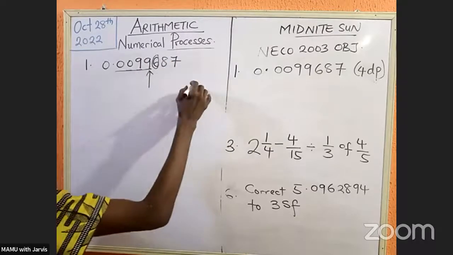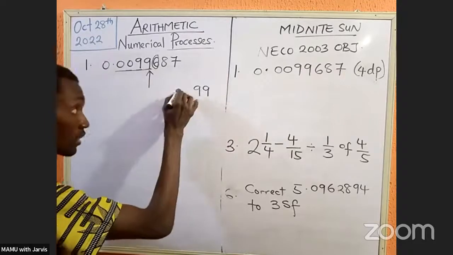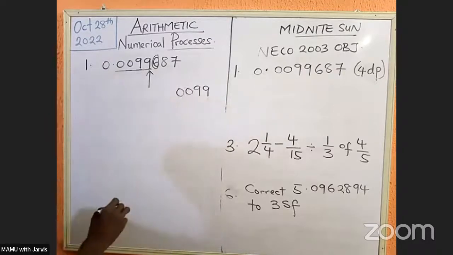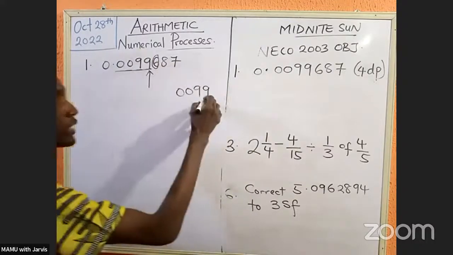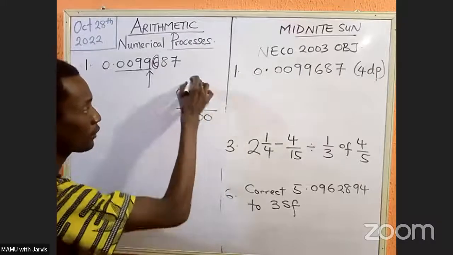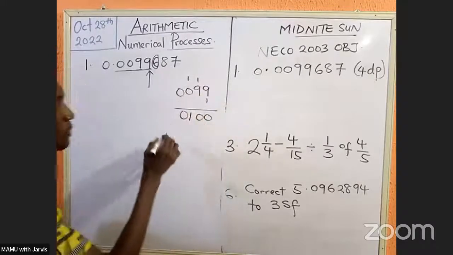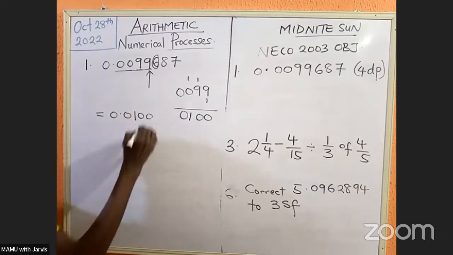So I will come here and write 99. Because it's decimal places, I'll put this one 0, 0. And because this is 6, I'll add 1 here. So I'm going to have 0.010. So my answer will be what? 0.0100.